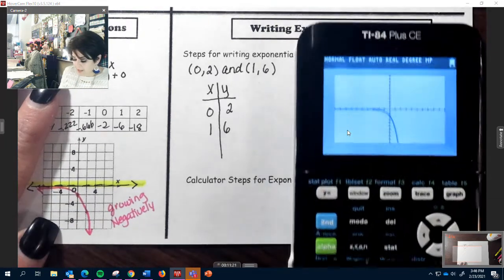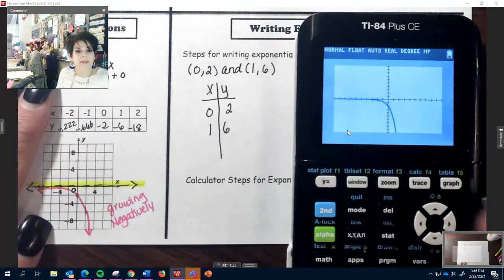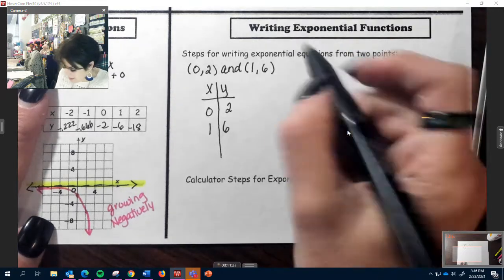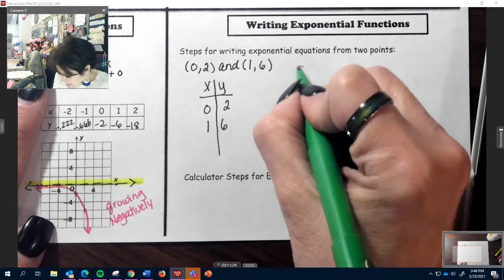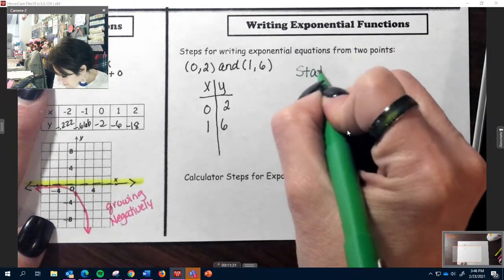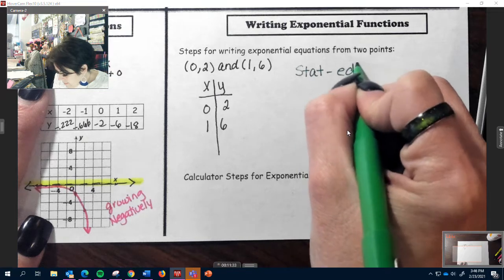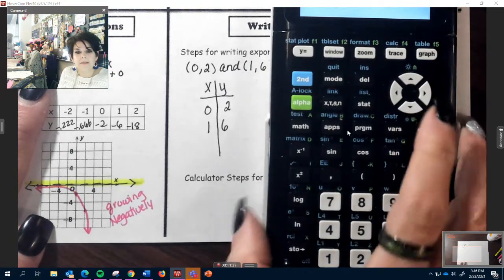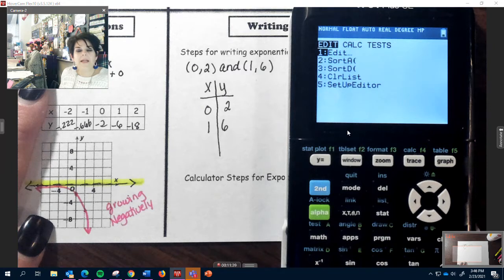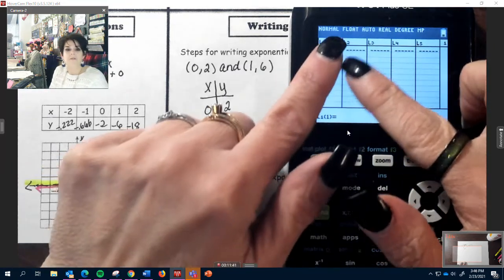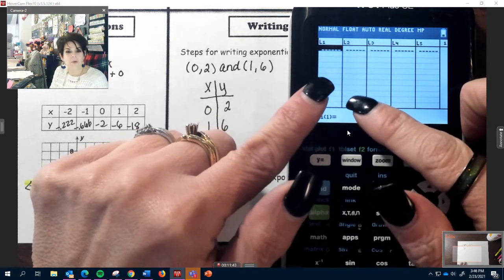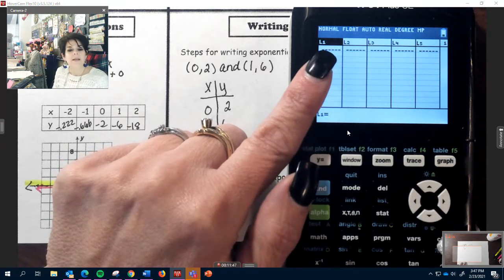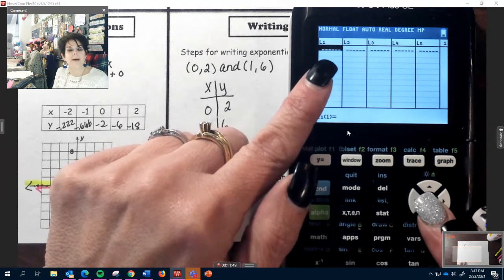So we're going to go to our calculator, or if you're using the emulator, you can use that too. We're going to go to Stat, Edit. When this comes up, I hit Enter for Edit. Now, if you have numbers in your calculator, go up to the top where it says L1, hit Clear, and then move back down.